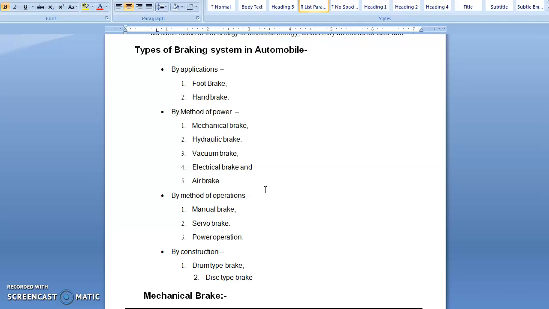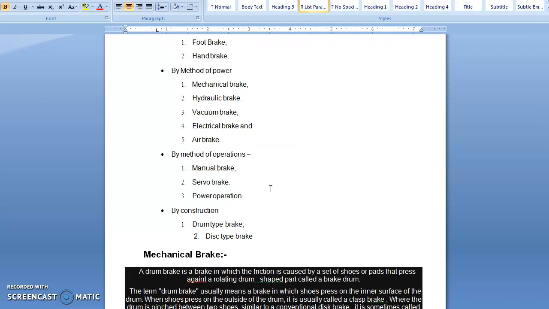By operation, there are 3 types: manual brake, servo brake, and power operated brake. As per construction, there is the drum type braking system and the disc type brake.